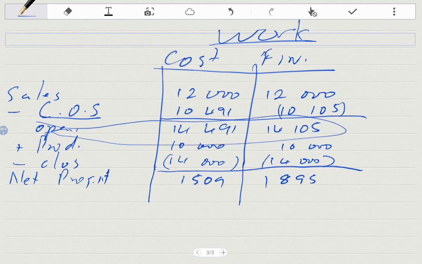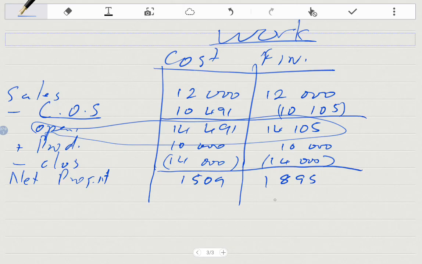So don't mind all the other figures, but where did I get those figures? I've made them up, guys, because I just wanted to test. But now that we've got these two figures of our openings, 14,491 on the cost side and 14,105 on the financial side, how do those two figures influence the profit? Now this is the reality.